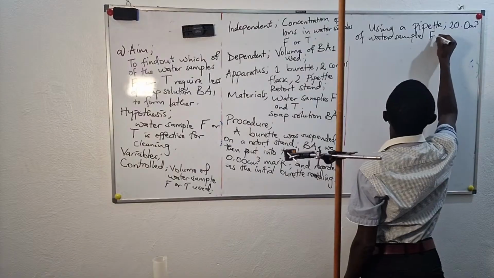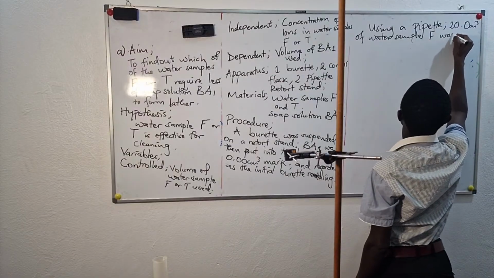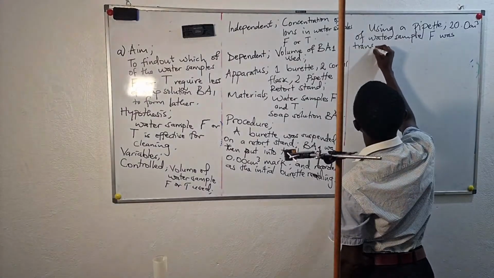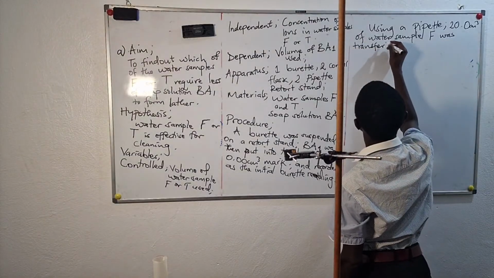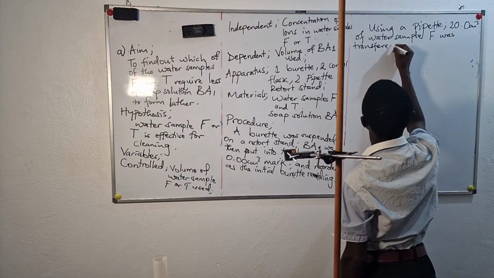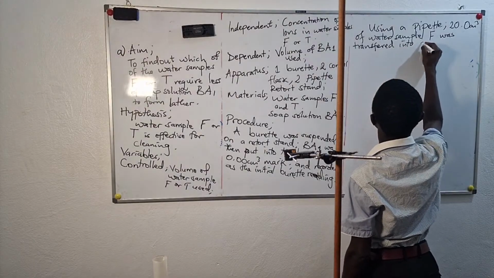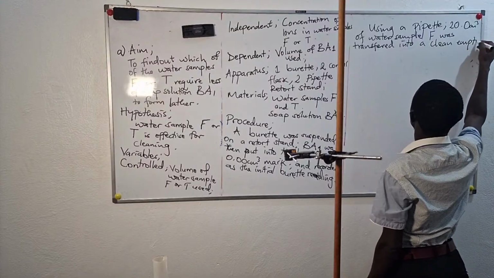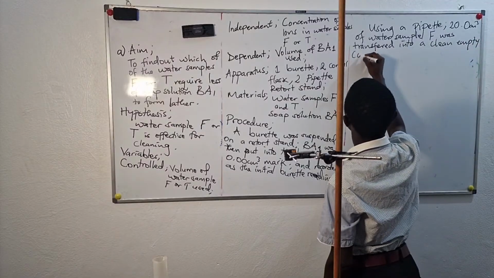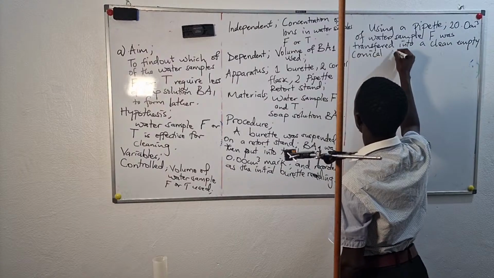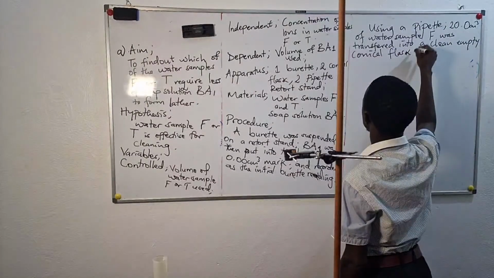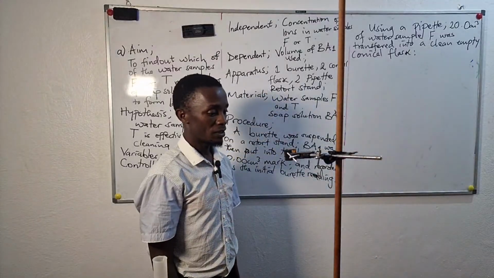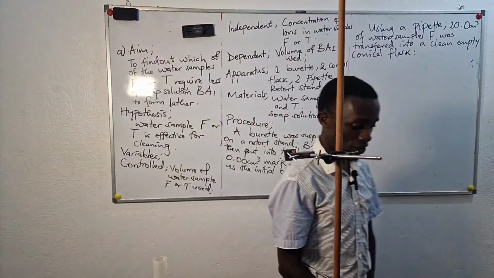I'm going to start with F. 20.0 cubic centimeters of water sample F was transferred into a clean, empty conical flask. That is my next procedure.